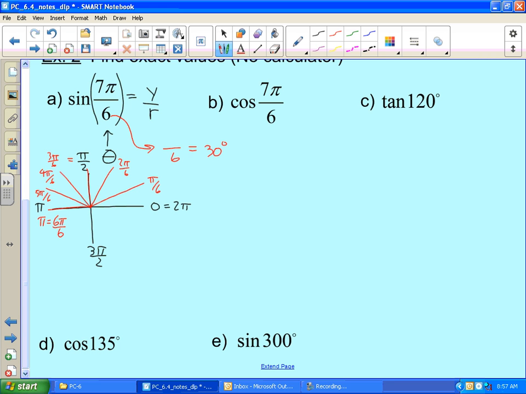All right, so what we've done is we've gone 6 pi over 6 to get to this place of pi, and we're adding another pi over 6. So we're adding one more. And that is 7 pi over 6. So we are trying to find out what is the ratio created by this angle.